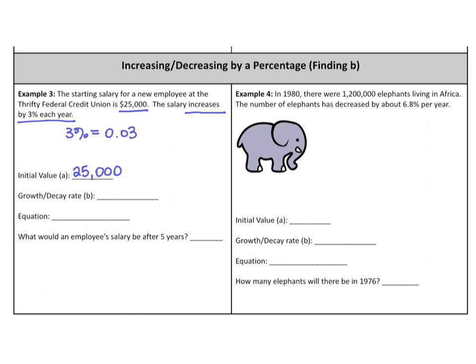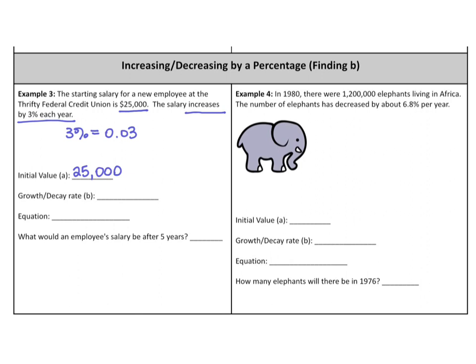If you don't remember how to write a percent as a decimal, you can move the decimal place 2 spots to the left or divide by 100. That is literally what percent means. It means per cent. Cent is the root for 100. So 3 divided by 100 is 0.03.